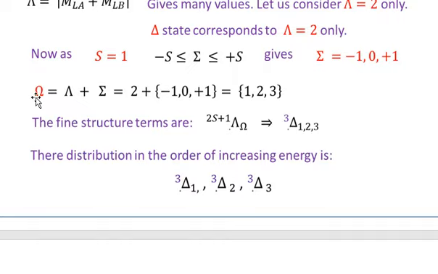I have used the value of omega as a subscript, 1, 2, 3, and the multiplicity, 2S plus 1, is equal to 3 because capital S is equal to 1. So the distribution in order of increasing energy of the molecular state is 3 delta 1, then the higher state is 3 delta 2, then the further higher electronic state is 3 delta 3.